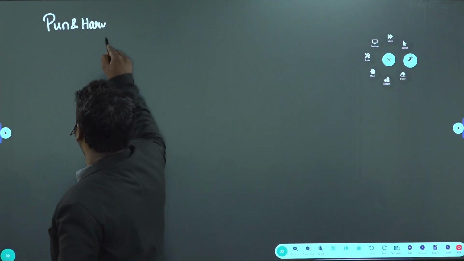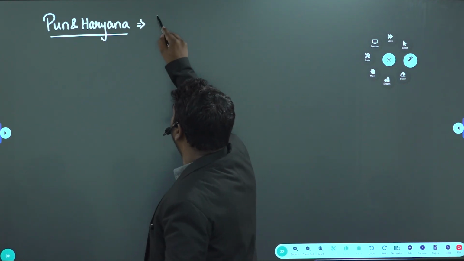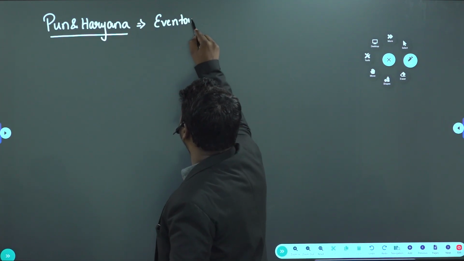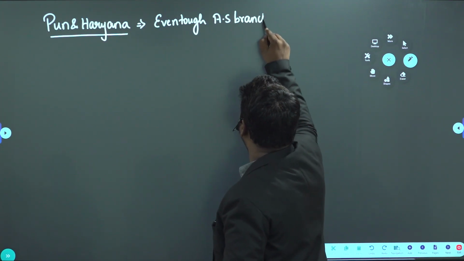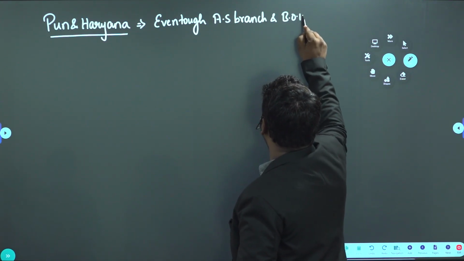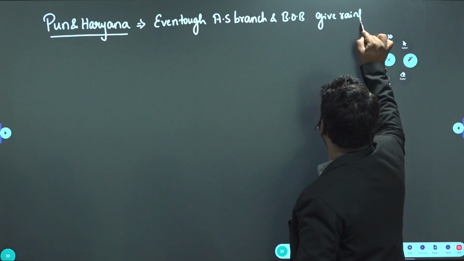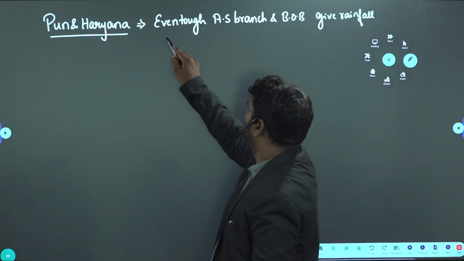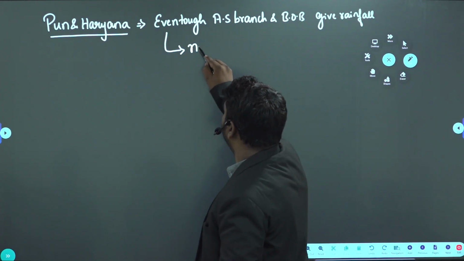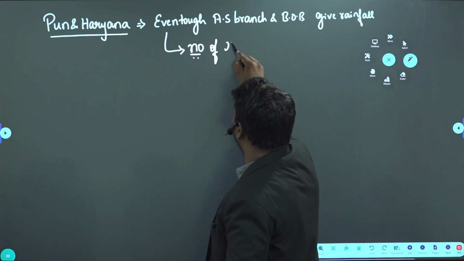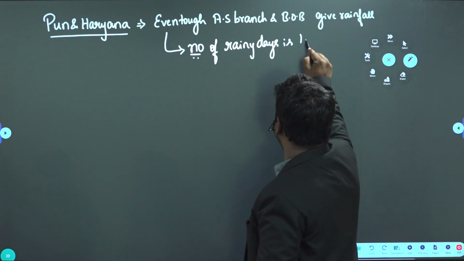Punjab and Haryana, even though the Arabian Sea branch and Bay of Bengal branch give rainfall, will receive less because the number of rainy days is less.